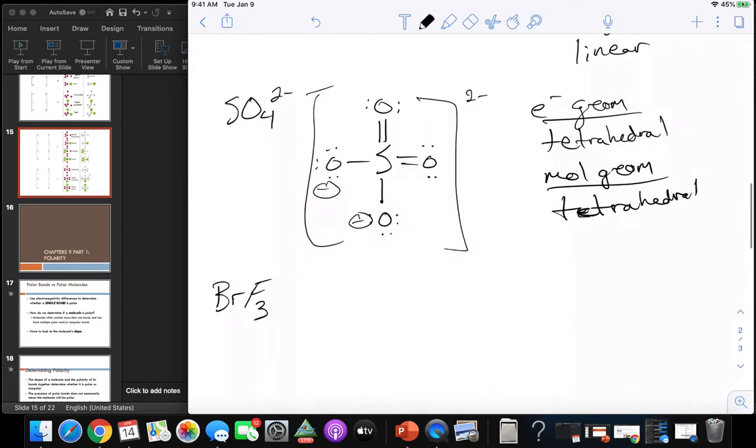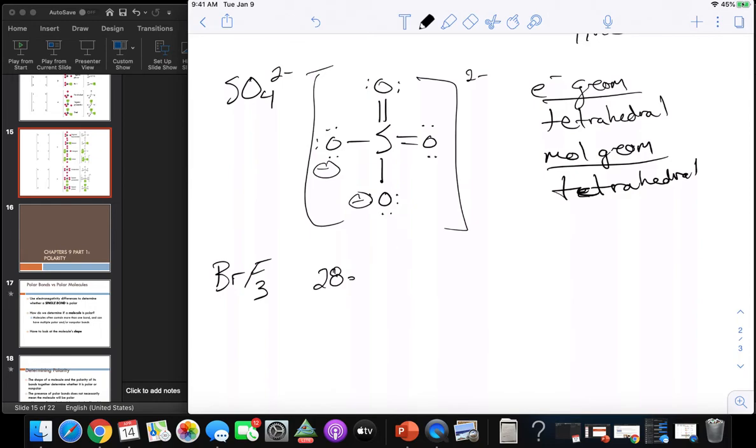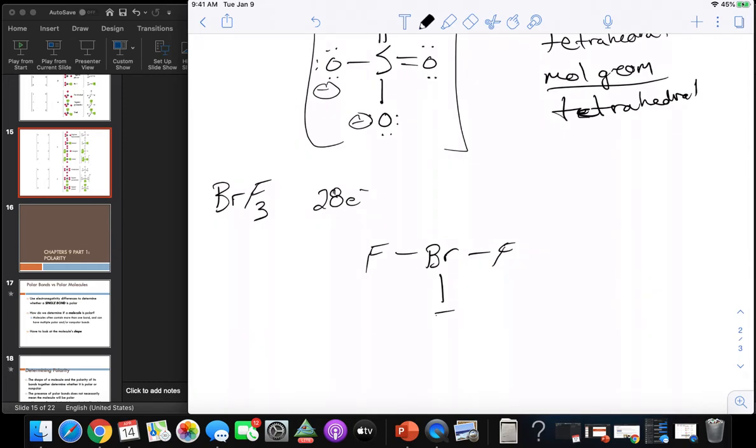So bromine and fluorine are both halogens, so they both have 7 valence electrons. So BrF3 should have 28 electrons total for its Lewis structure. And if we draw our bromine, it's going to have 3 fluorines attached to it. Actually, I might spin this around just for the sake of being able to show off our geometry in a second.